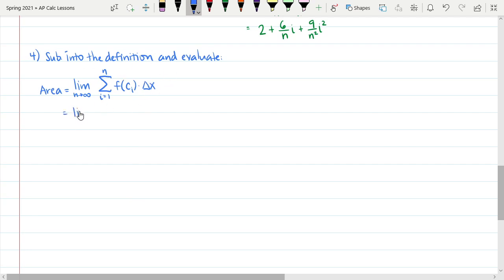So we now have the limit as n approaches infinity of the summation from i equals 1 up to n of, now f of c sub i, remember we had right there, that's 2 plus 6 over n i plus 9 over n squared i squared, times delta x, which remember we found to be 3 over n.